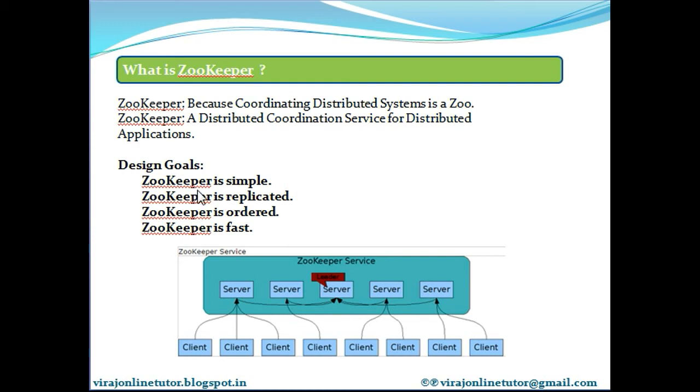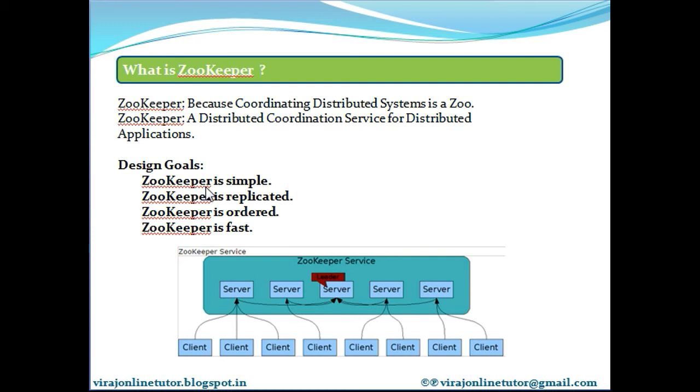Zookeeper is simple. Zookeeper allows distributed processes to coordinate with each other through a shared hierarchical namespace, which is organized similar to how a standard file system is organized.